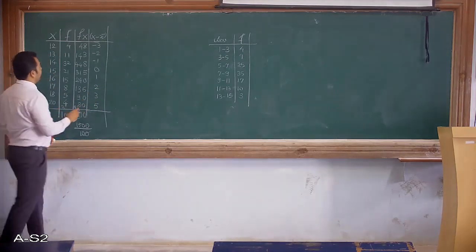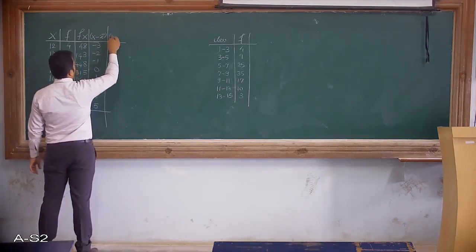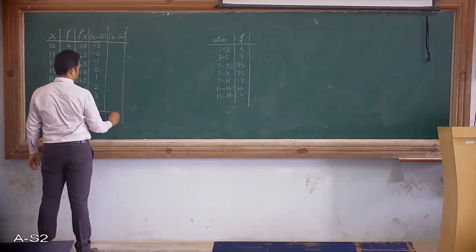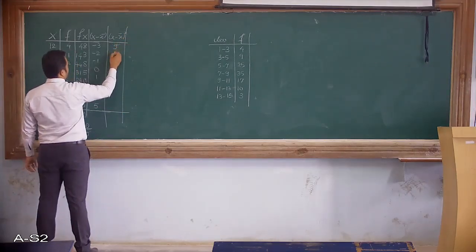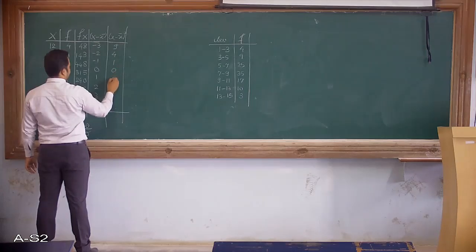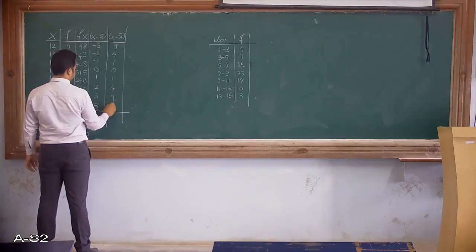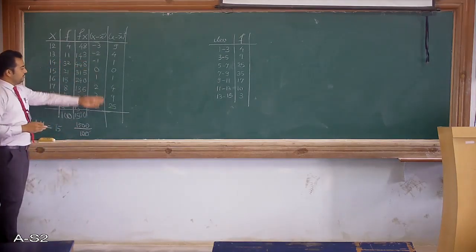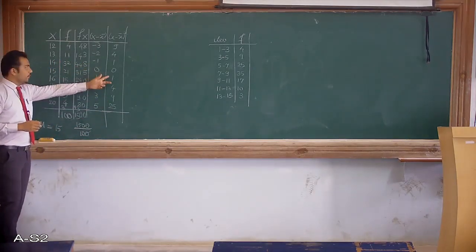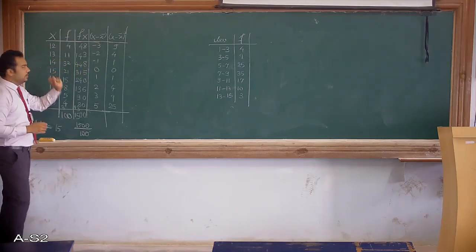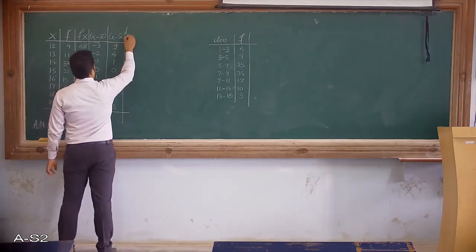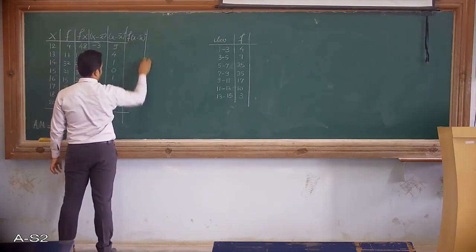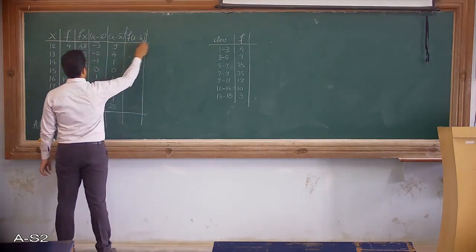Once you have calculated the deviations from the arithmetic mean, we have to square them. So squaring is this way. Then all these deviations which we have squared, we need to multiply with the frequency. So f into (x minus x bar) the whole square. This is what we need to calculate.